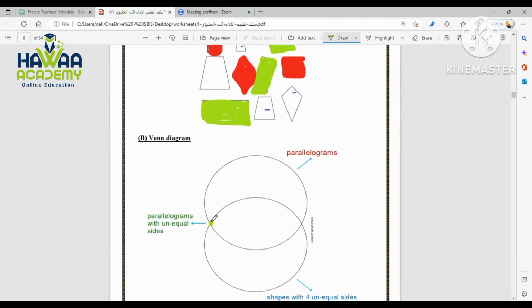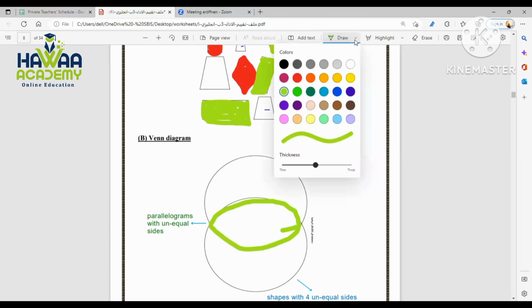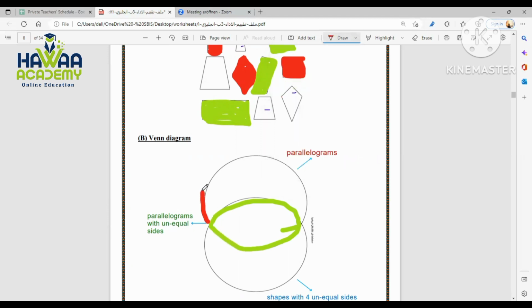Here we're going to put in the middle the shapes that do not have all sides equal in measure, or just each two opposite sides are equal in measure. And here we're going to put all the parallelograms that have all sides the same.